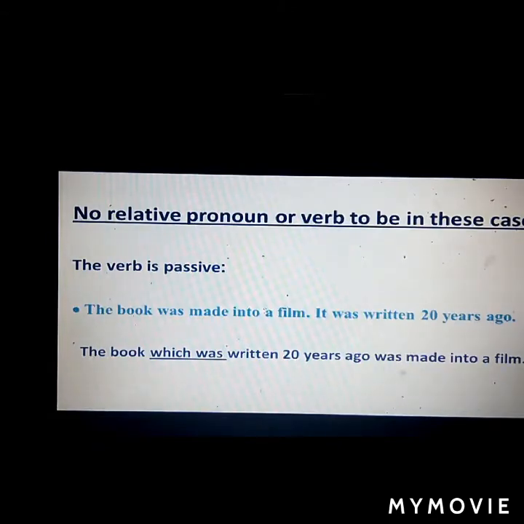What will I do with which was? They will be deleted. The sentence becomes: the book written 20 years ago was made into a film.